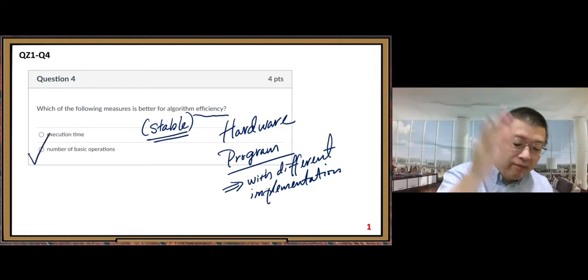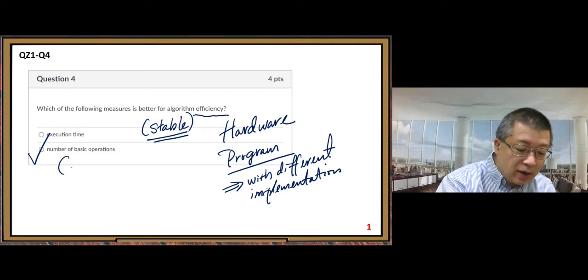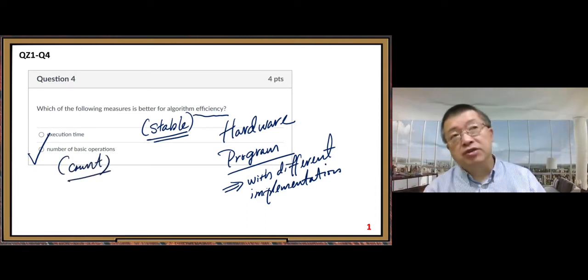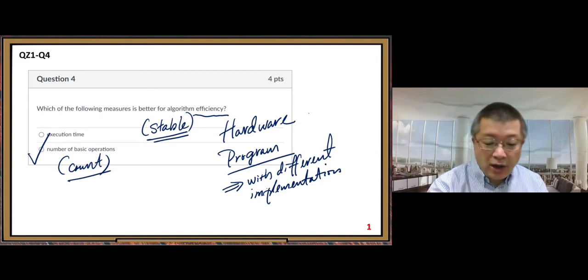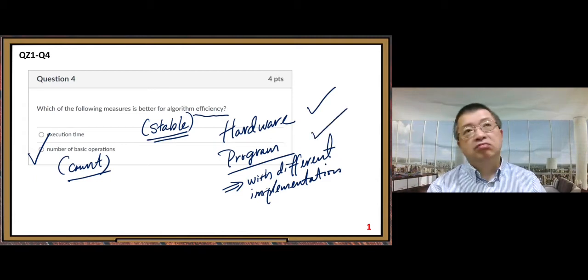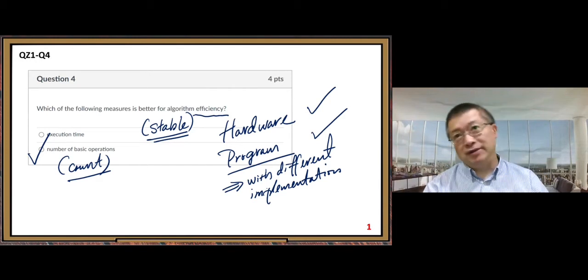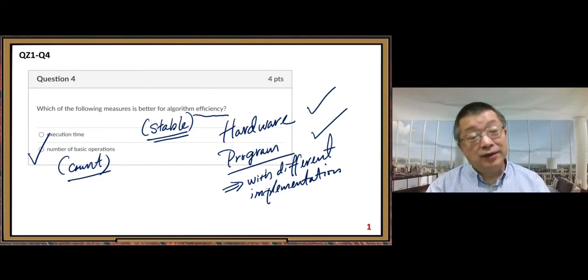So the number of basic operations, we do counting. We count the number of basic operations. That measure does not rely on the hardware. It does not rely on the program implementation. So that is stable, right? So that kind of background, you need to have that.